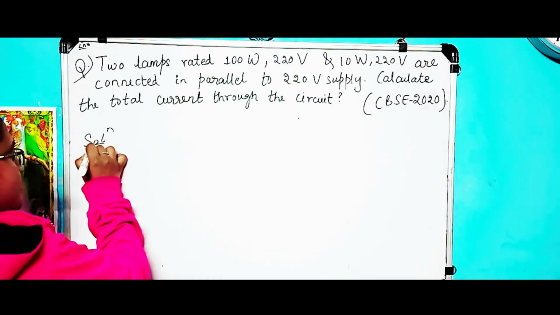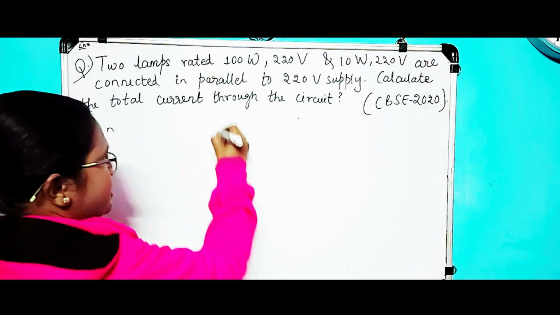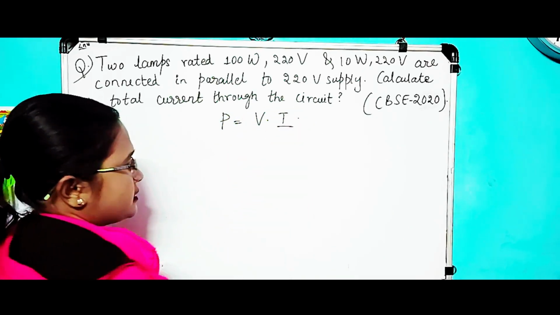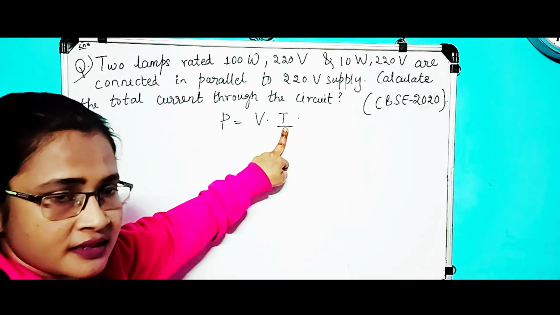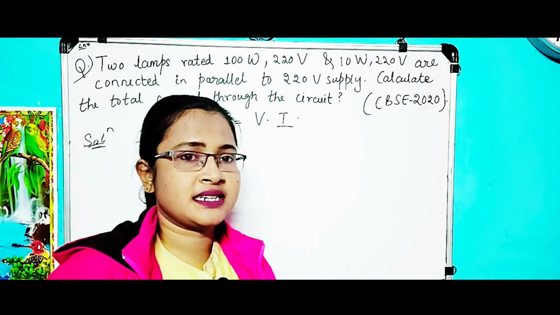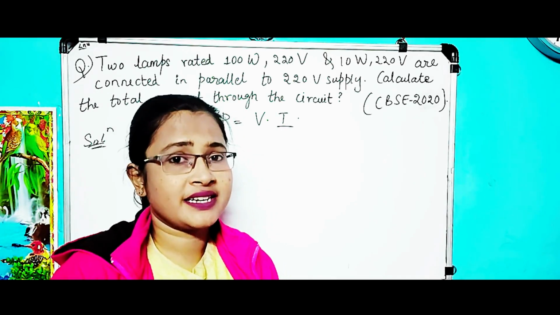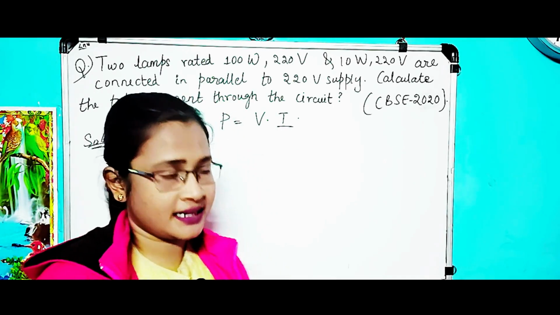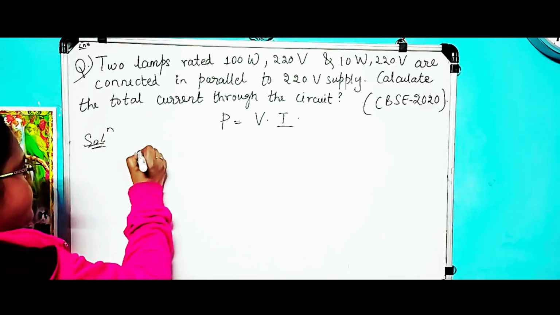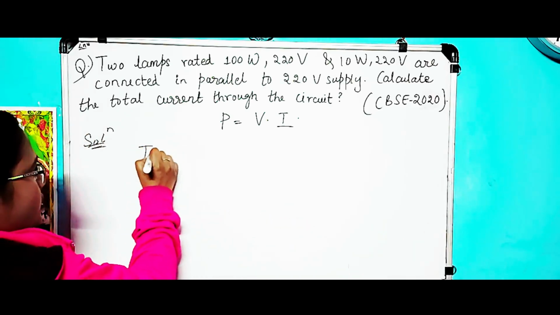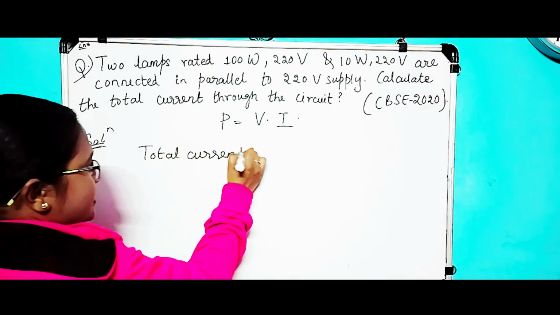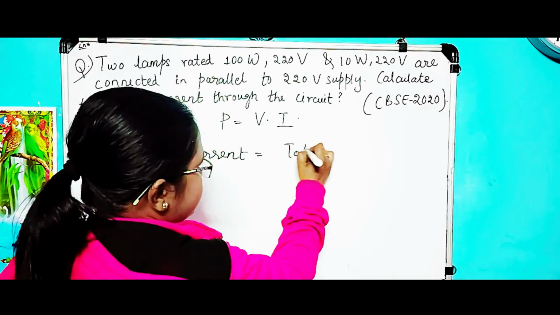Okay. So what does the teacher say? In the long process, we know that power is voltage into current, right? We have to find I, the total current. Now remember, whenever something is connected in parallel, the power gets added up. Hence the current can be found from the total power. How do we find total current?